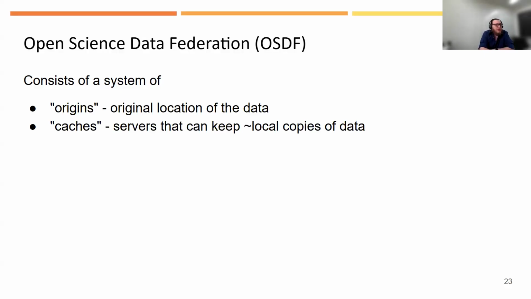These are usually pretty beefy machines with 100 gig pipes and a lot of local disk. So they're much better as a web server, as a data transfer server, than a lot of the servers that researchers keep their data on.